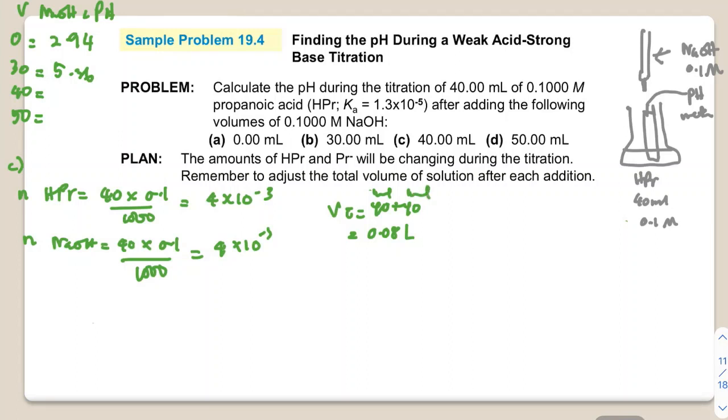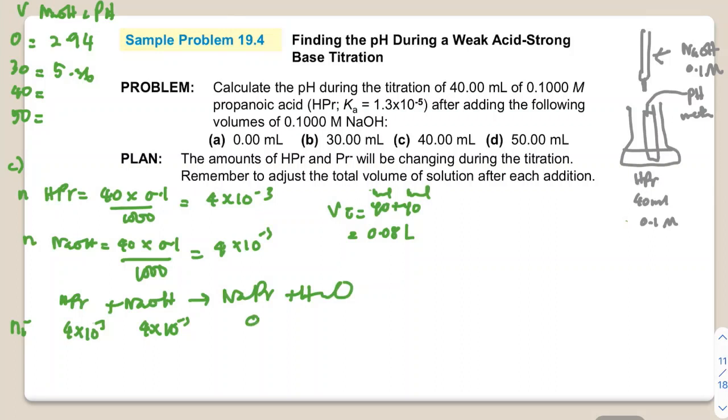Okay, let's construct the reaction table of the reaction between these two. HPr plus sodium hydroxide turns to NaPr plus H2O. So n initial for HPr is 4 times 10 negative 3, NaOH 4 times 10 negative 3, NaPr 0, H2O dash.